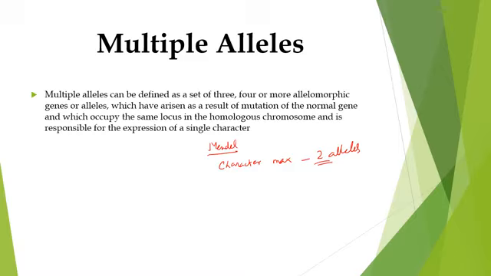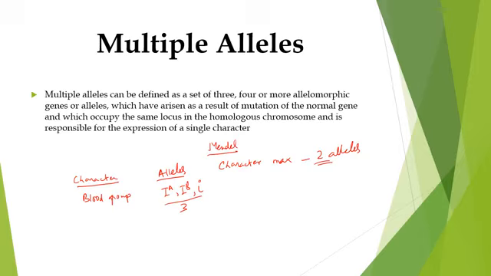Suppose we consider a character, say blood group in human beings. If we talk about the alleles, they could be IA, IB and small i. So how many alleles are there? Three alleles. But Mendel said that a character should have only two alleles. So here you are getting a case where three alleles are present.